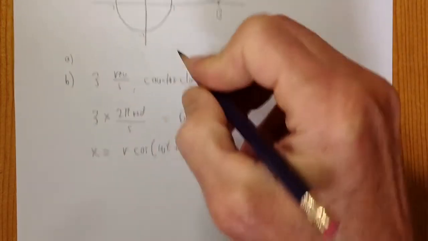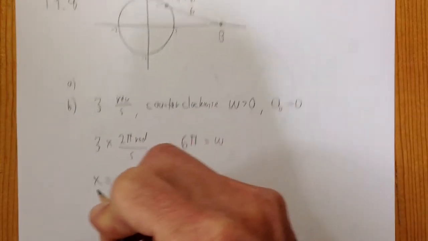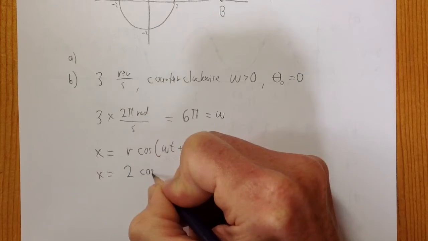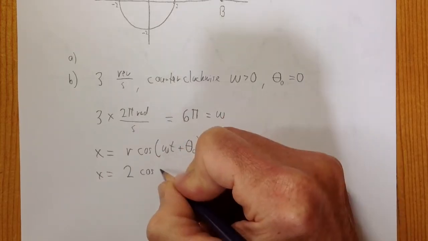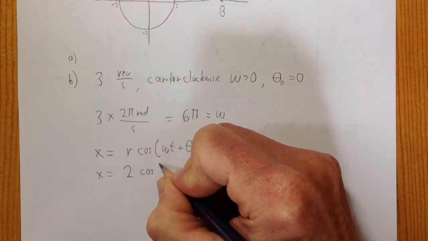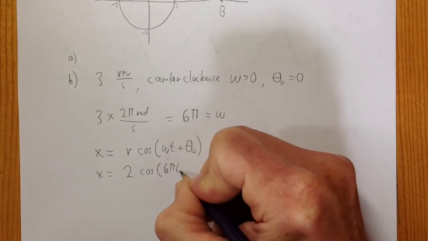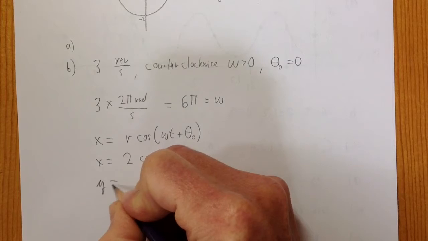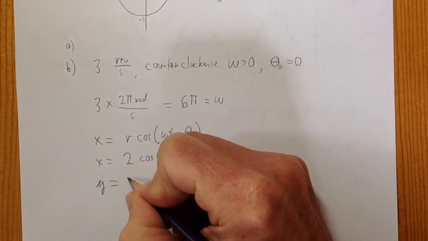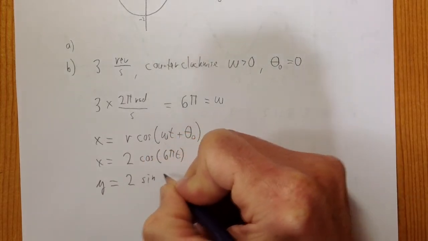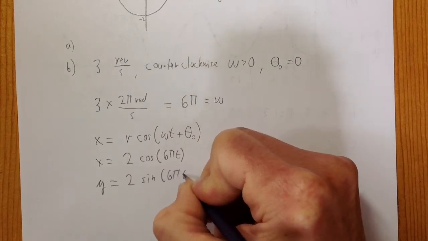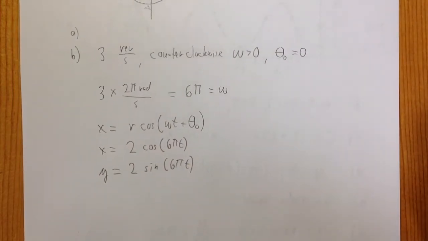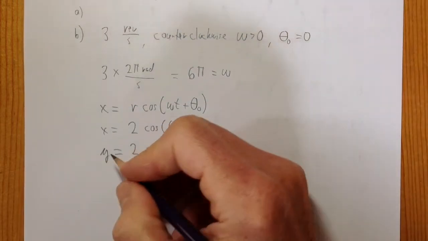In this case the radius is 2, so x is equal to 2 cosine, omega is 6 pi, 2 cosine, I'll use parentheses I guess, 6 pi t. And y is always the same thing but sine. So y is 2 sine of 6 pi t. You know one, you know the other one. All right, perfect. So that's part B, we did that.